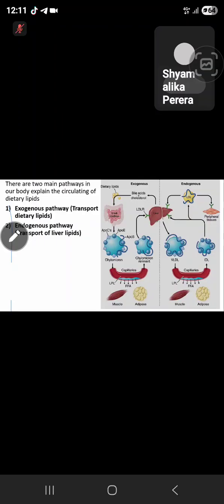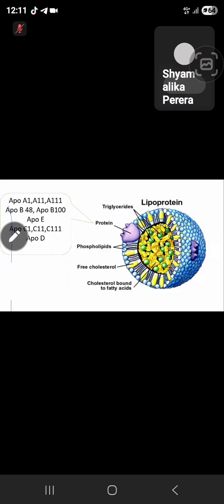In the exogenous pathway, dietary lipids are absorbed as chylomicrons, which are large particles, and it's a micelle. This is the structure of a lipoprotein, because lipids are not water soluble, so there should be a way of transporting them in our blood.